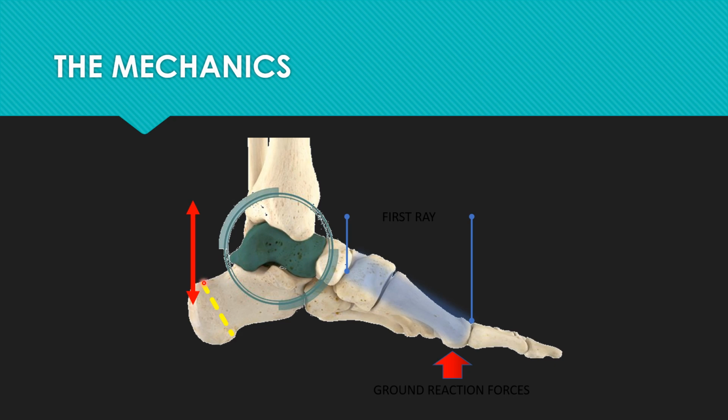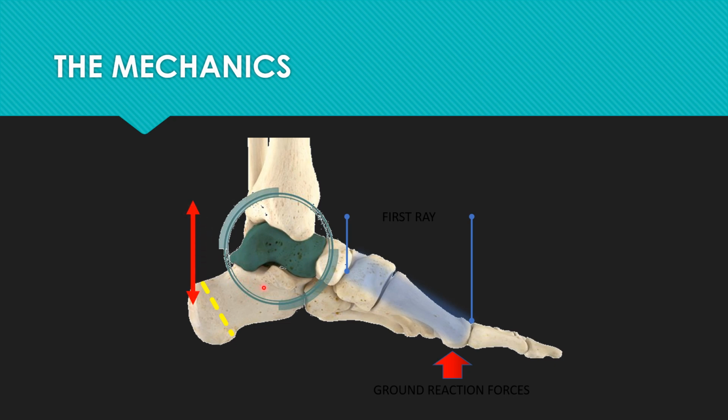There's the apophysis on the posterior aspect of the heel, marked roughly in yellow dotted lines. And we've got the pull of the Achilles tendon via the gastrocnemius soleus muscle group, where the Achilles tendon comes around and inserts to the posterior aspect. So you can see that there is a traction developing across the apophysis as a result of the pull of the gastrocnemius soleus muscle group via the Achilles.